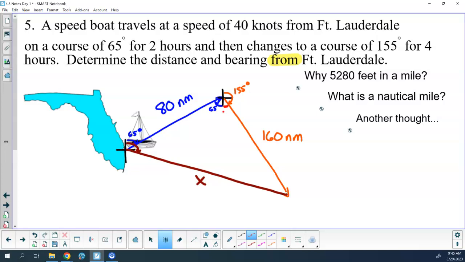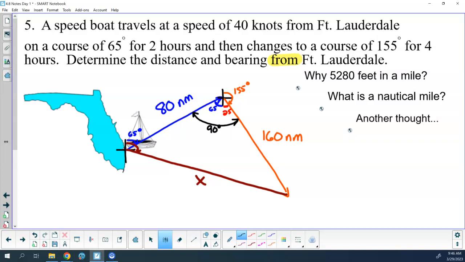Because it's got to go to 180. So all told, this angle right here in that triangle is how much? 90. Our life just got a heck of a lot simpler because now we've got a right triangle, so SOHCAHTOA is in play. If SOHCAHTOA weren't in play, then we'd have to rely on law of sines, law of cosines.